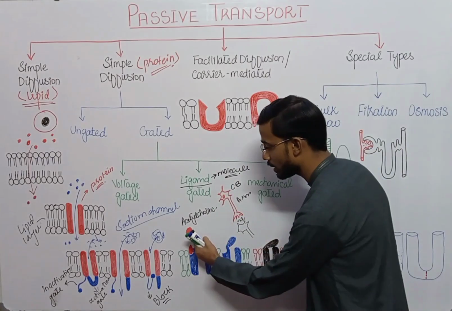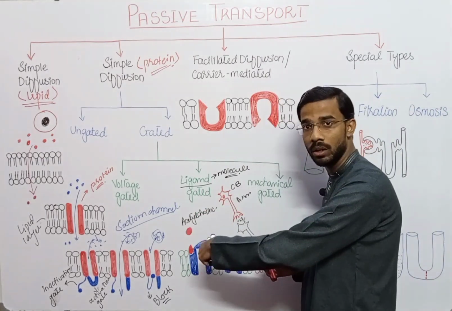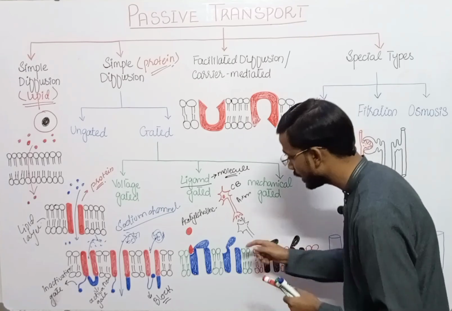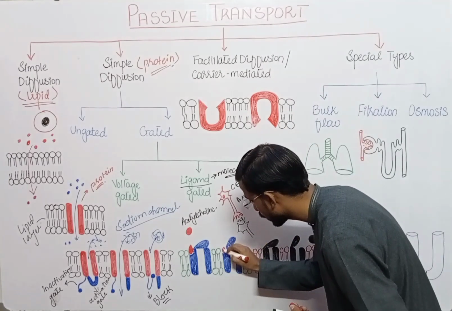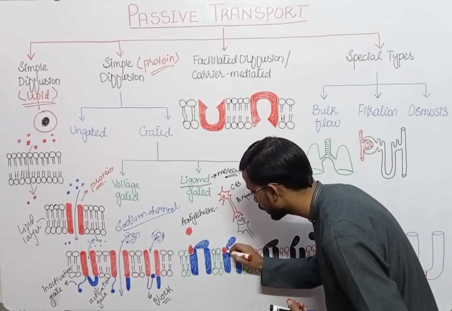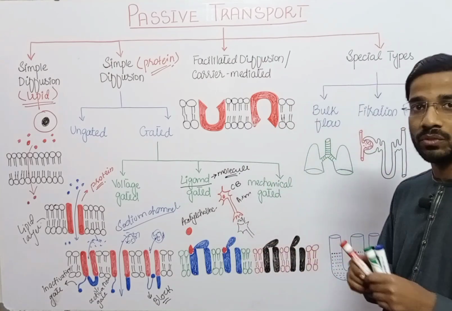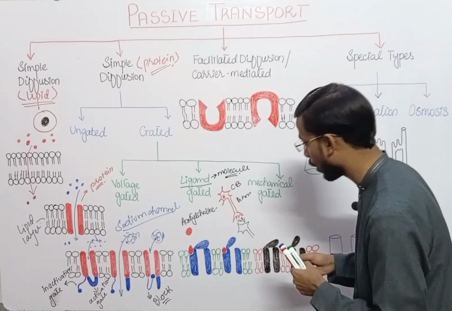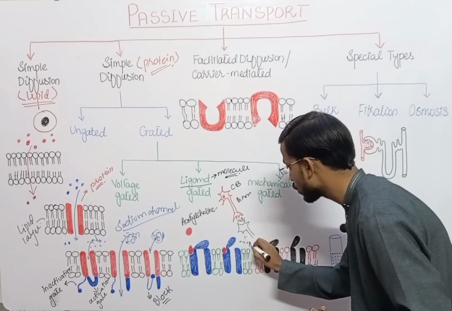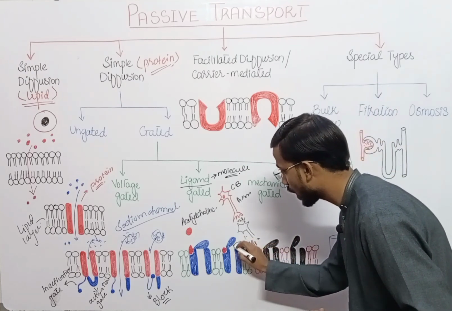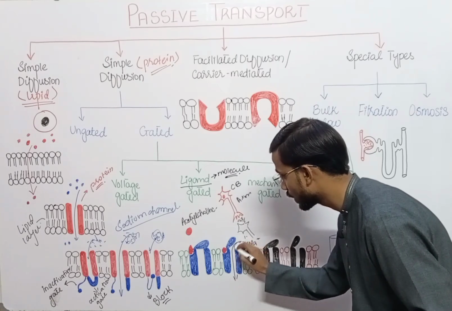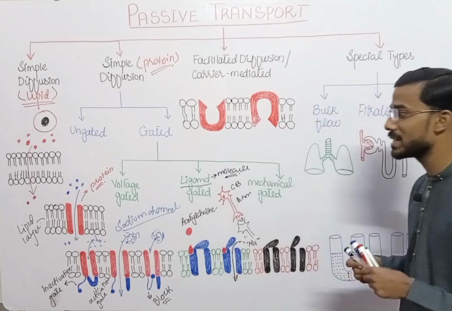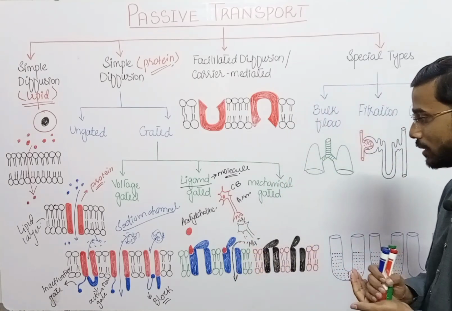And when this acetylcholine binds to these proteins, then the gate of these proteins will open and the molecules which are present outside, let's suppose sodium, will start moving inward. So these are basically the ligand-gated channels.